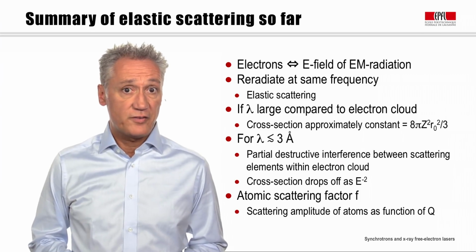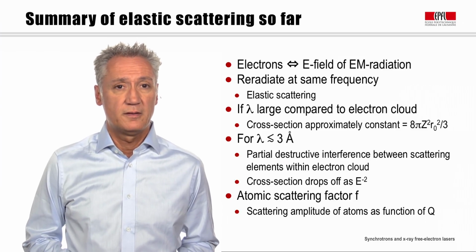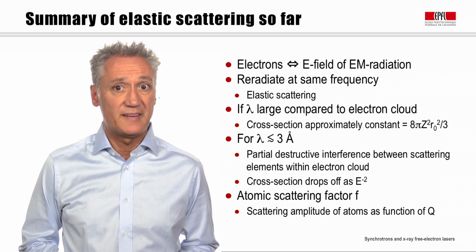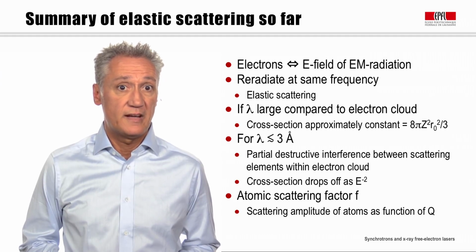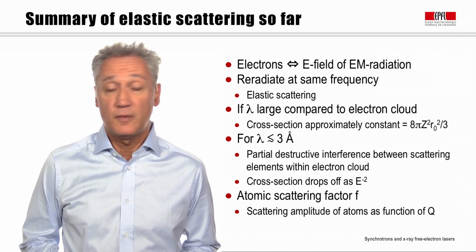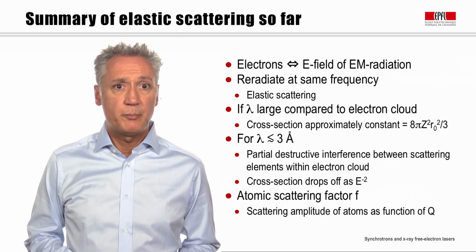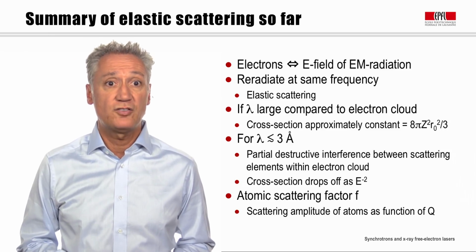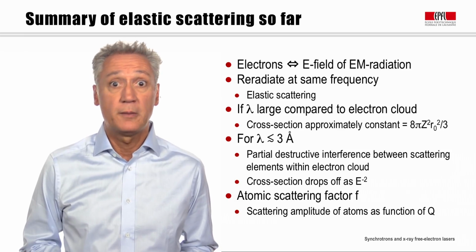Summarizing our discussion of elastic scattering so far, we should take home the following messages. The electrons respond to the electric field component of the incident X-rays and re-radiate as a consequence at the same frequency. The process is elastic, in other words. Now, at large wavelengths compared to the size of the atoms, scattering is independent of the photon energy, as the cloud can be approximated as being a point source.